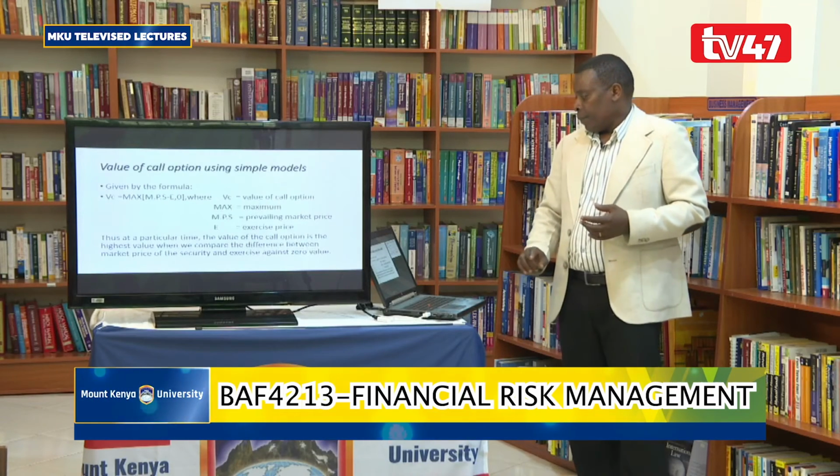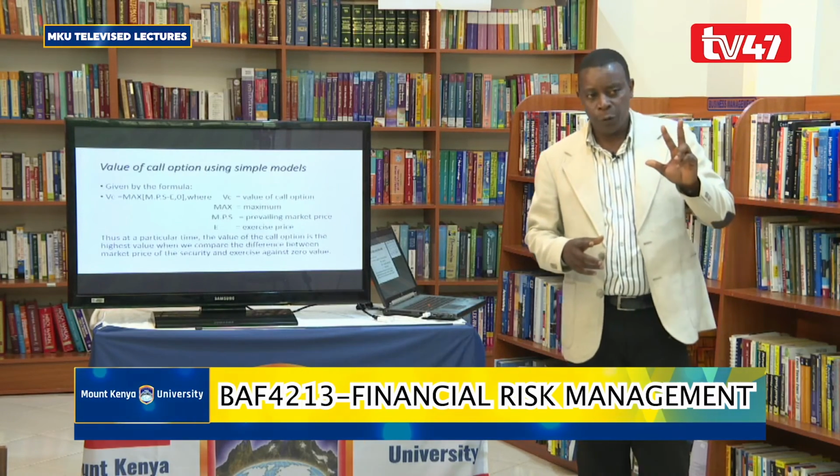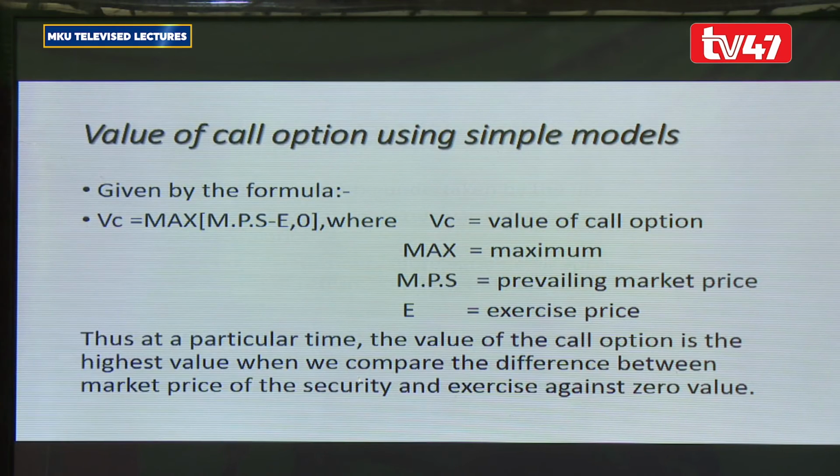As we said at the start, we have 2 types of options as far as the order of the right is concerned. If we address the call option for today, we start with the formula to work out the value of a call option. And it is given by VC equals maximum, brackets, MPS minus E, compared with 0. So what is inside here is you're taking market price per security or per share, depending on the security you're addressing.